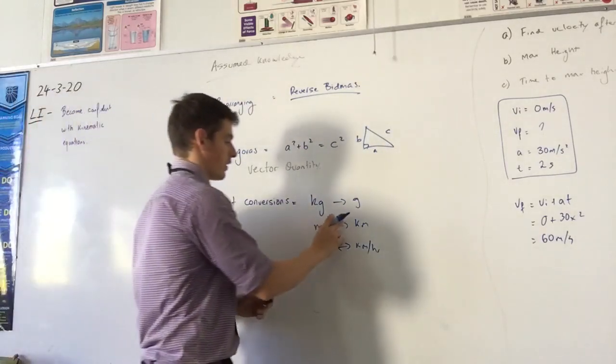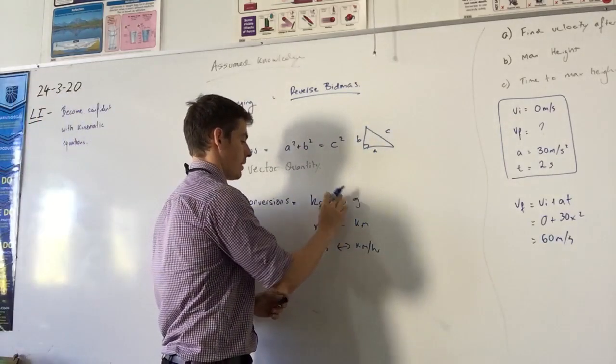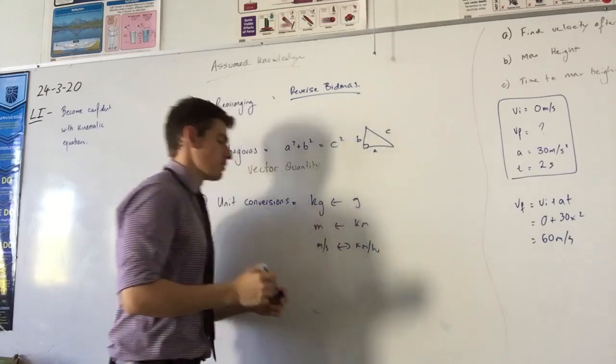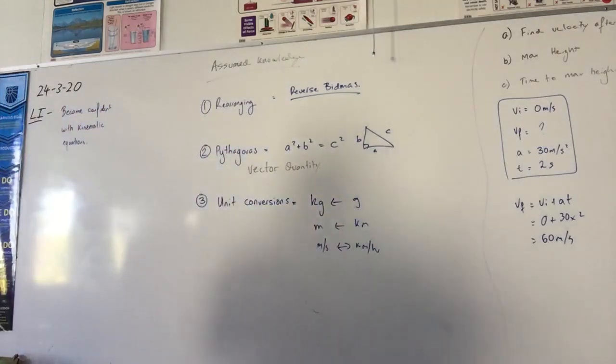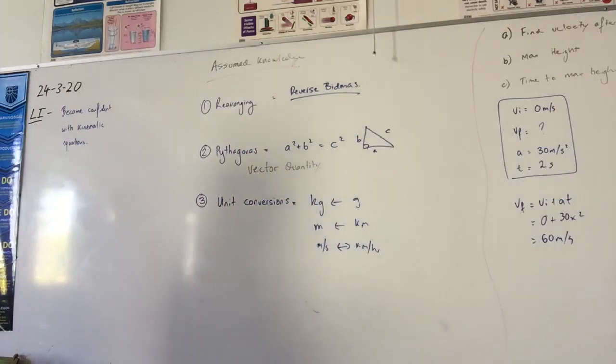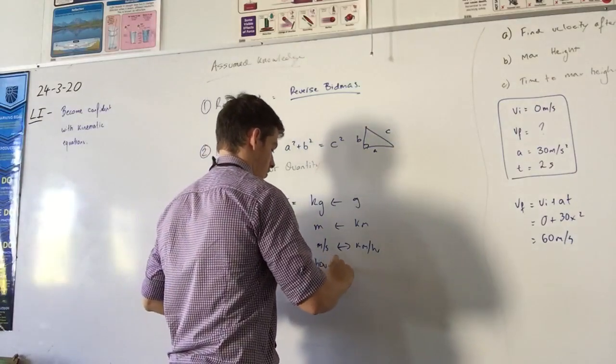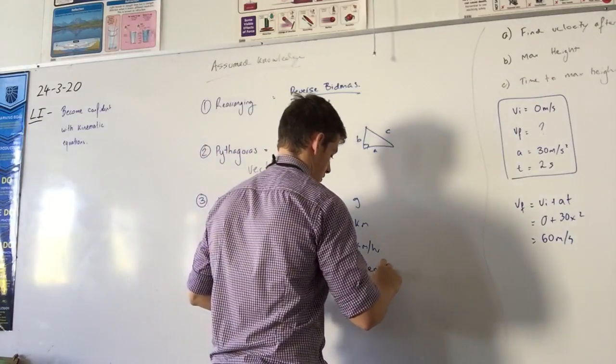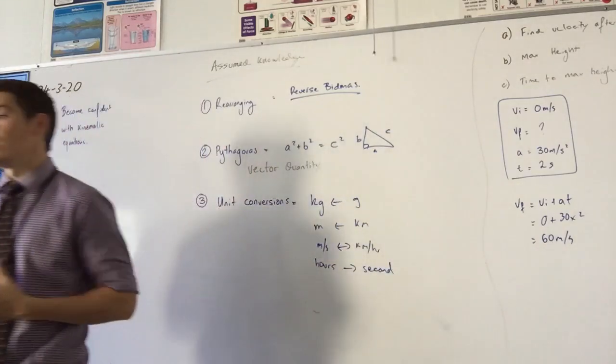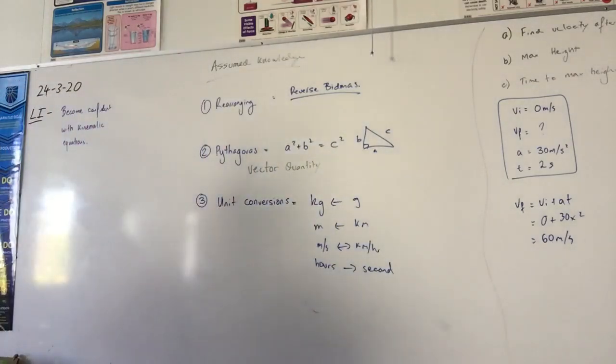It's actually really the other way. I want you to go from grams to kilograms, kilometers to meters, hours to seconds. Be really aware of how to do those things.